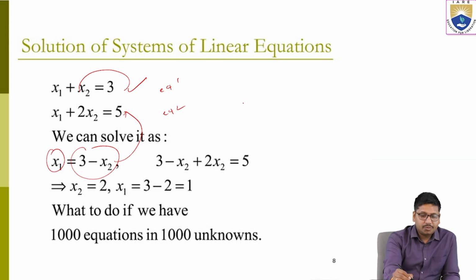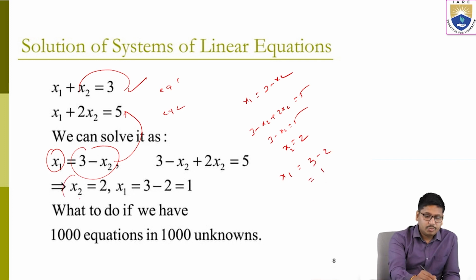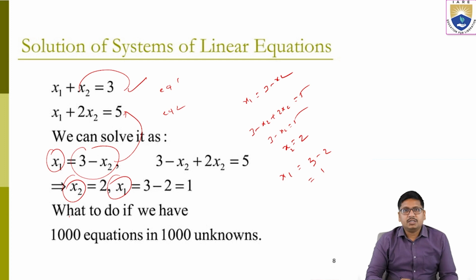I substitute x1 into equation 2: 3 minus x2 plus 2x2 equals 5. Then x2 equals 2. Finally, x1 is 3 minus 2, which is 1. So this is the value of x2 and this is the value of x1.